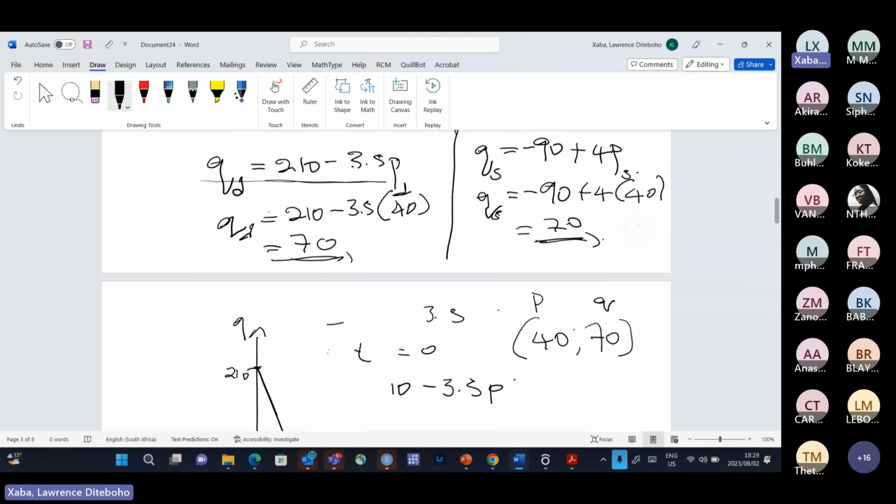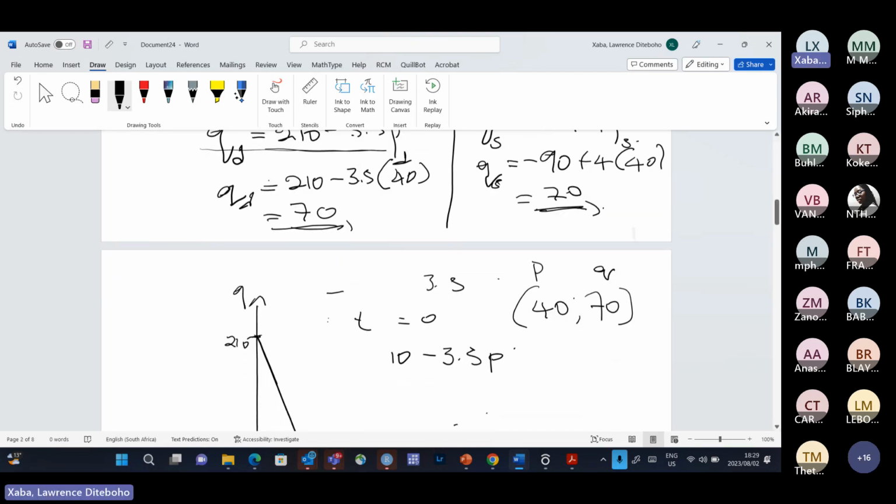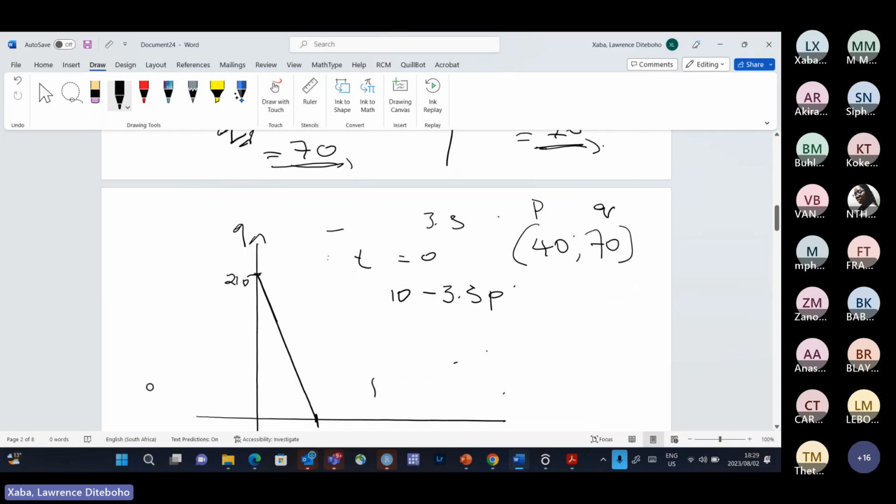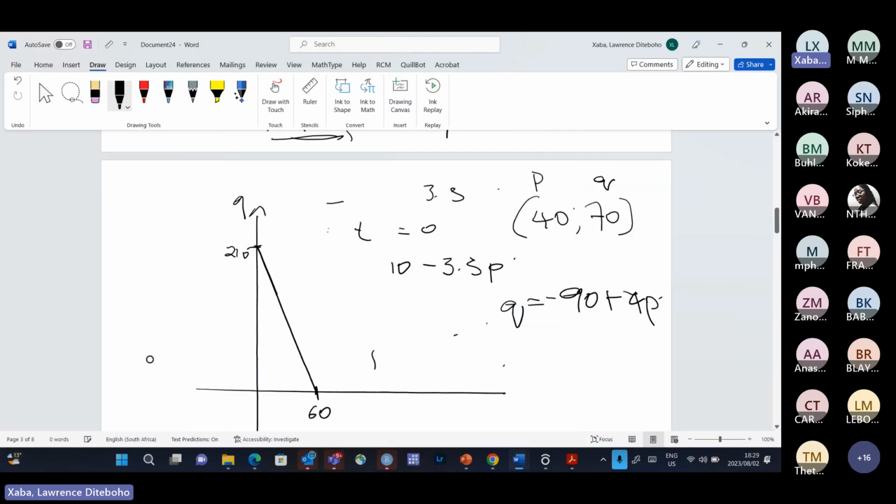Now we are going to take the second equation, where Q equals negative 90 plus 4P. Again, we do the same thing. If we're interested in finding the value of Q, we set P equals to 0. So if we set P equals to 0, our Q becomes negative 90.